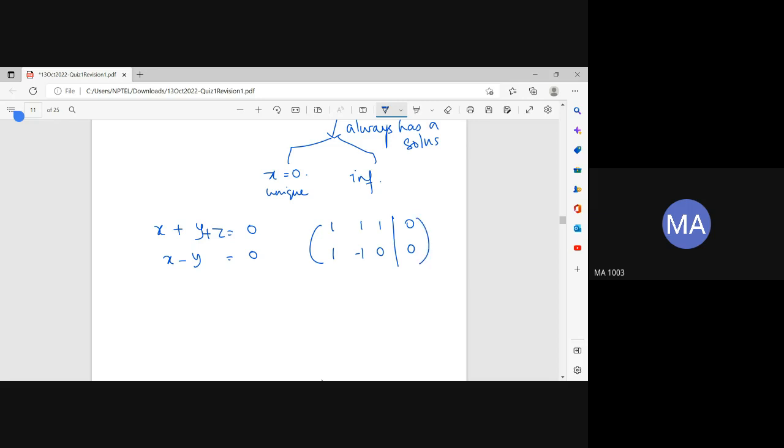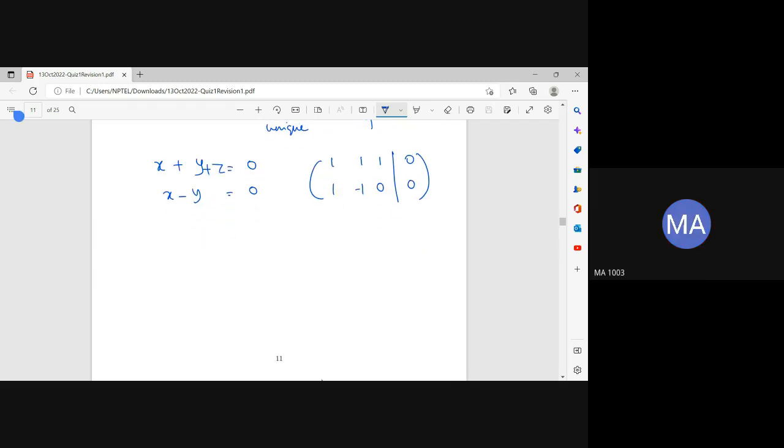How many pivots can I have? Can I have more pivots than the number of rows? You can have only two pivots, but there are three variables, which means at least one of them is independent. That's why it will have infinitely many solutions.